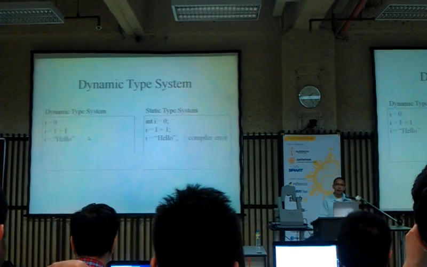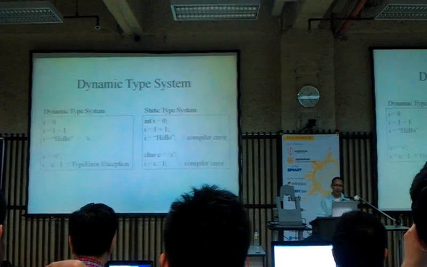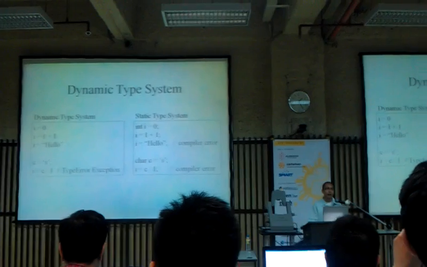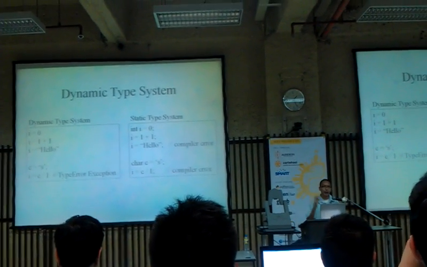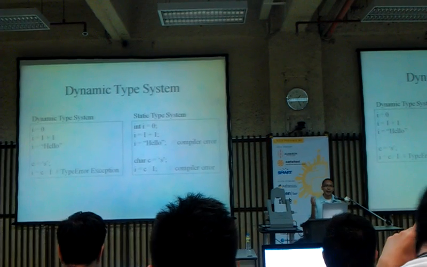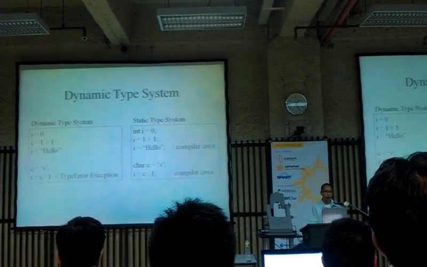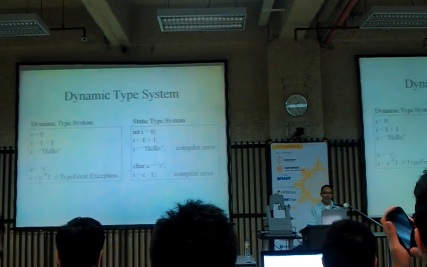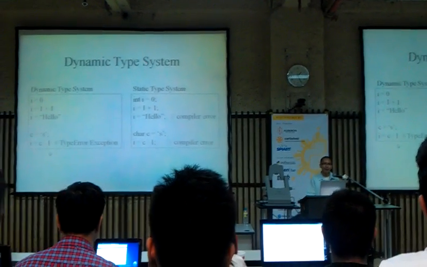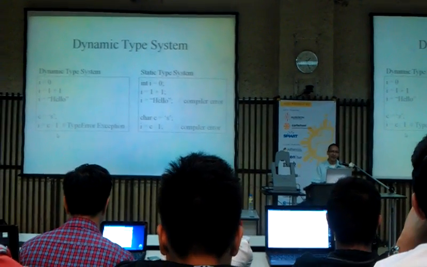For a dynamic type system, this is no problem. However, you cannot mix operations with different data types unless they are compatible. For example, you cannot divide the character S by 1, which doesn't make sense.